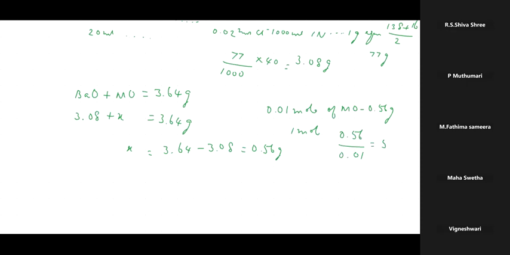So the metal oxide molecular weight is 56. So the metal atomic weight is 56 minus 16, so 40. And the metal with atomic weight 40 is calcium. Therefore, the mixture taken is barium oxide and calcium carbonate.